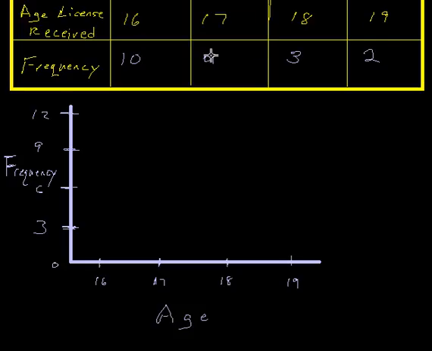Let's grab this box, and I'm going to display age 16, which is 10. Now I plot this, and he's about 10, a little bit less than halfway, so right about there.